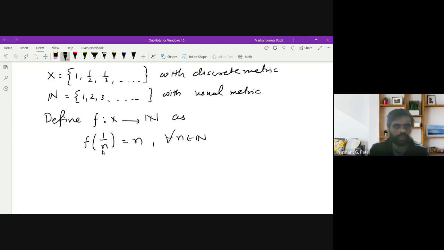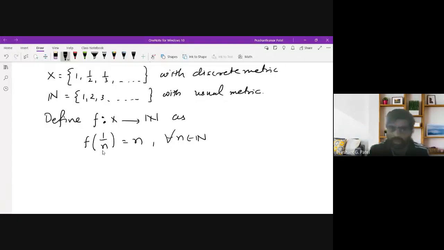Now why is this function continuous? Any argument for that you can give? Why is this function f continuous? We have seen the result that every function defined on a discrete metric space is always continuous, because the inverse image of any open set G in M will be in X, and every subset of X is open.